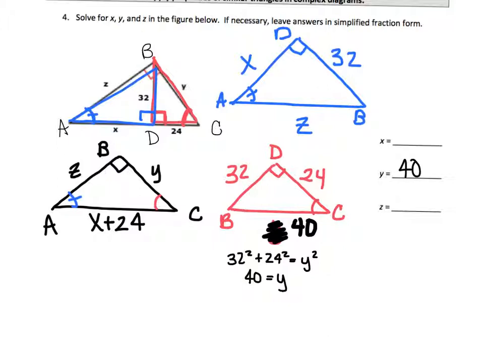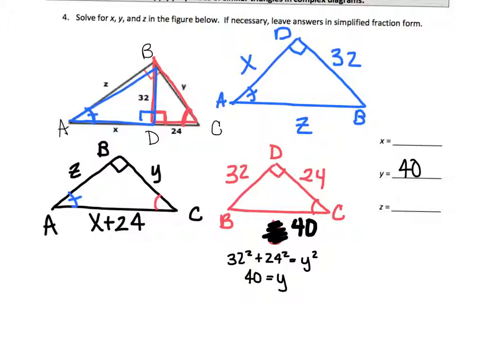Okay, I want you to narrow your focus in on the blue and the red triangle. See if you can set up a ratio. Hopefully you saw that you could set up a ratio for either x or for z. Either way, you could go ahead and do that one.